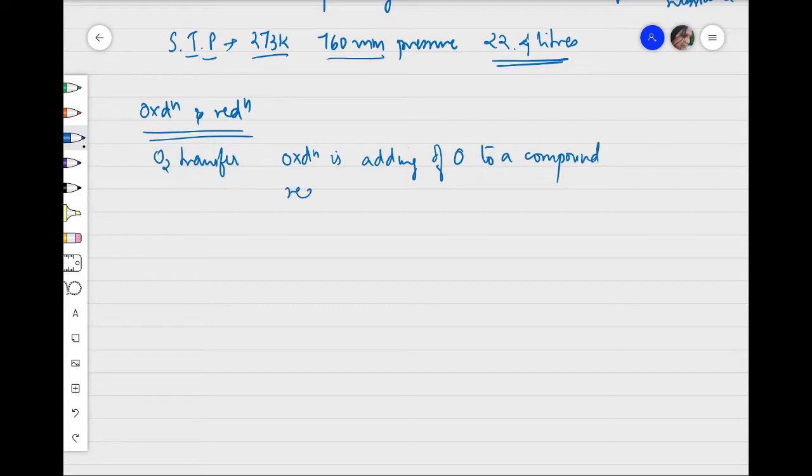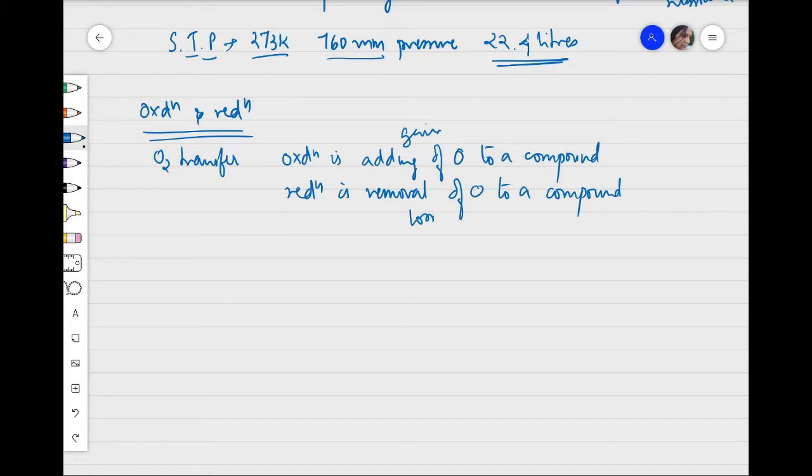So what will be reduction? Reduction is removal of oxygen from a compound. So a typical reaction, basically gain of oxygen is oxidation, ഇവിടെ loss of oxygen ആണ് reduction.